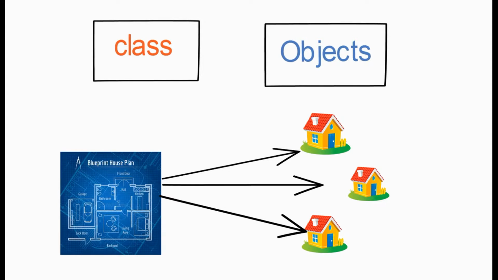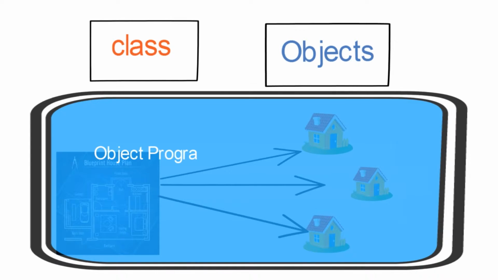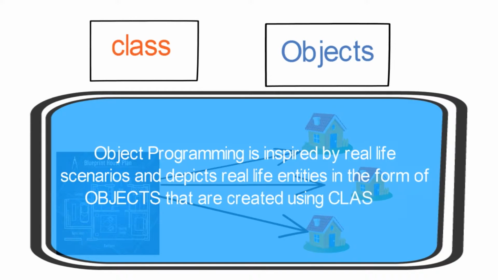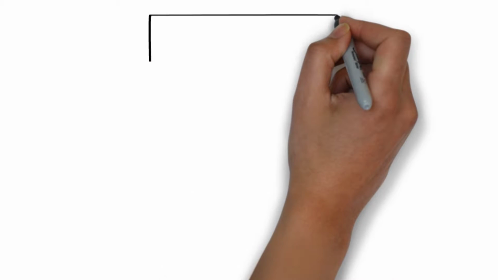In object-oriented programming, you will find that it depicts real-life entities in the form of objects, and these objects are created using classes. Let's talk about it more deeply so you can understand it more.